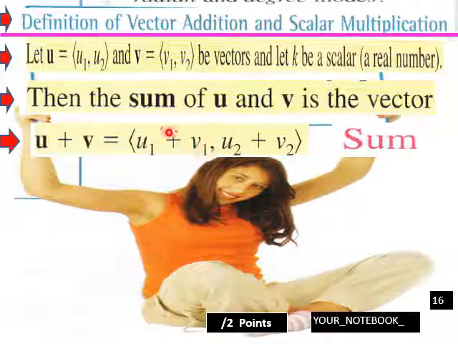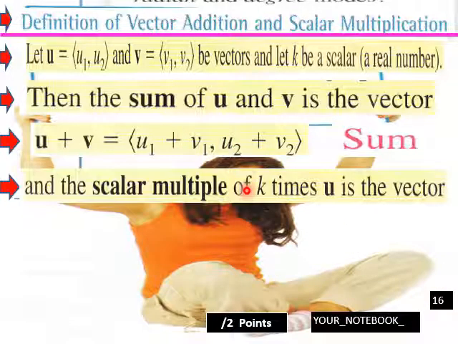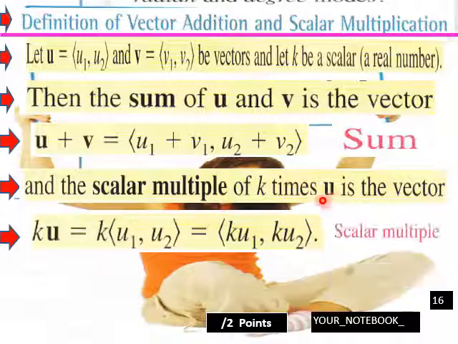So this is your sum. And the scalar multiple of k times u is the vector ku. ku equals k times <u1, u2> equals <ku1, ku2>, the scalar multiple.